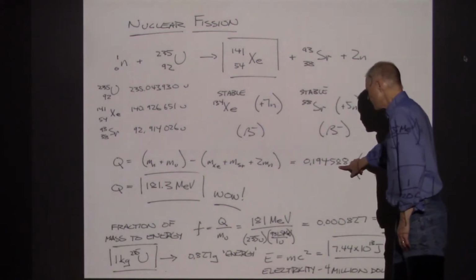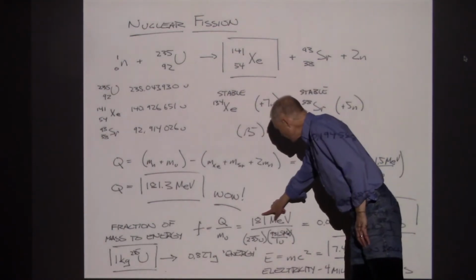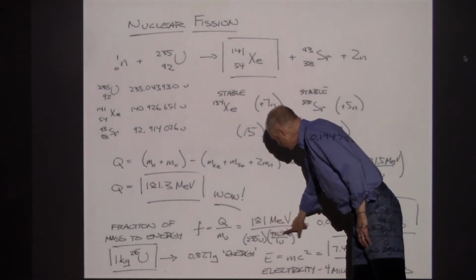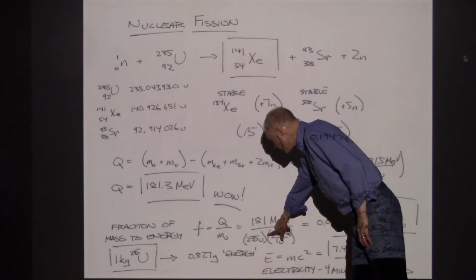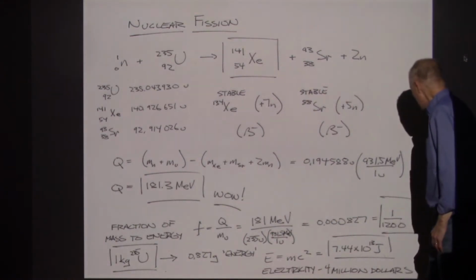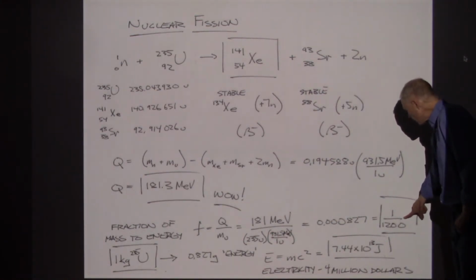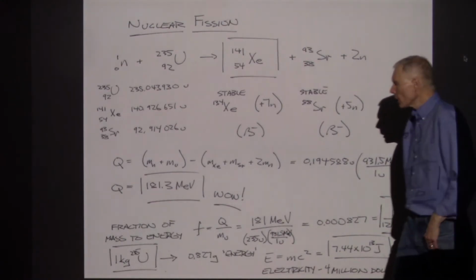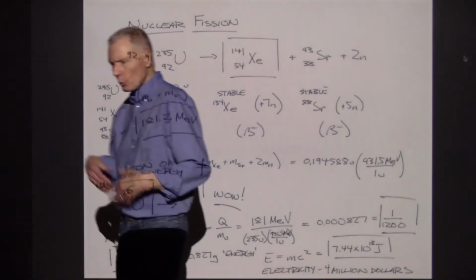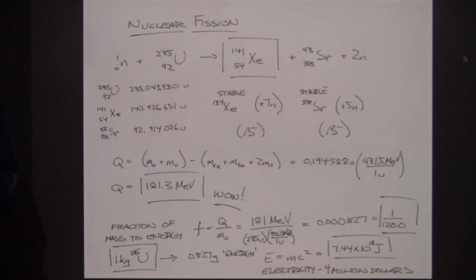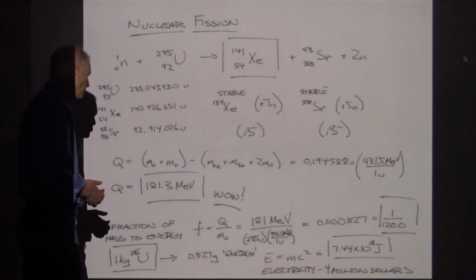I should have just used mass. Anyway, I left the Q in MeV and converted the mass of the uranium into MeV. It turns out that about 1 part in 1,200 of the original mass of the uranium-235 is now energy. So about 1 part in 1,200 difference in terms of mass.